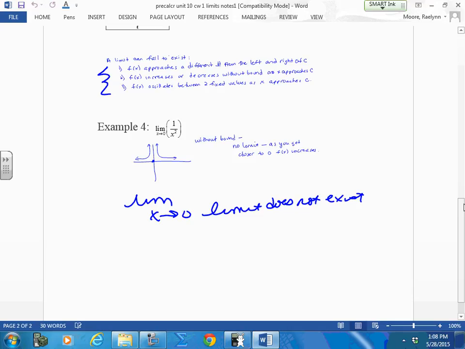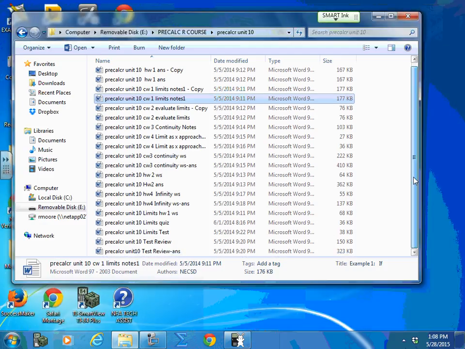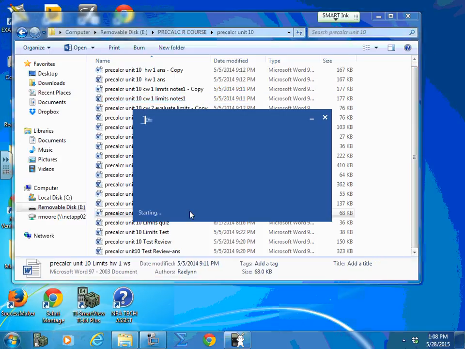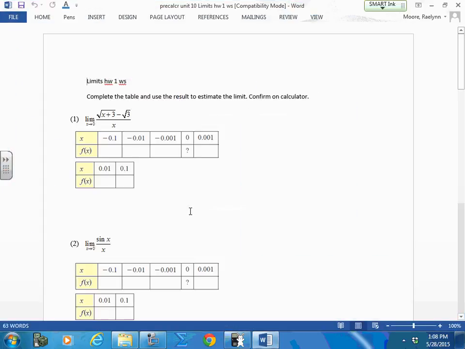Go to your homework for me for a minute. There's a homework page. All we're doing tonight is graphing them.